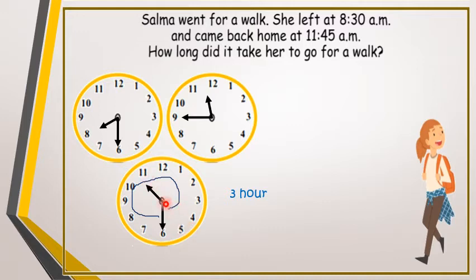Now it's 11:30, okay? But the time she reached home, it was 11:45. It means there's still 15 minutes. The long arm will move to here, so all this is 15 minutes. So the time that has passed is 3 hours and 15 minutes. So she took 3 hours and 15 minutes.